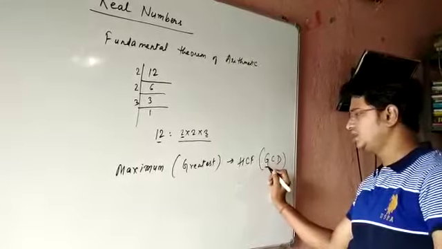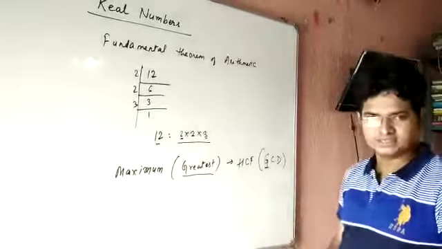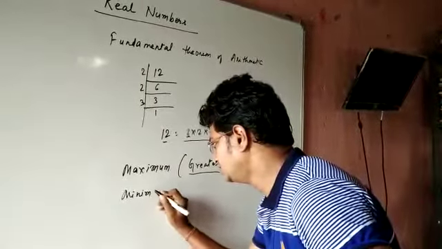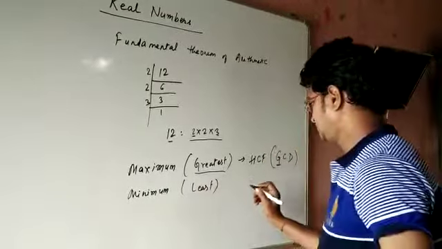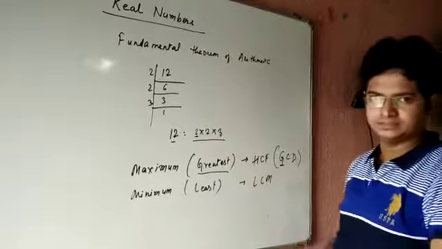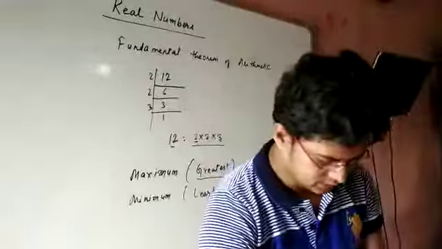Here the word greatest comes. So if you need to find maximum or greatest, you take out HCF. And if you want to find minimum, that is least, the reverse, you need to take out LCM. In that way you will never face any problem in solving the sums.